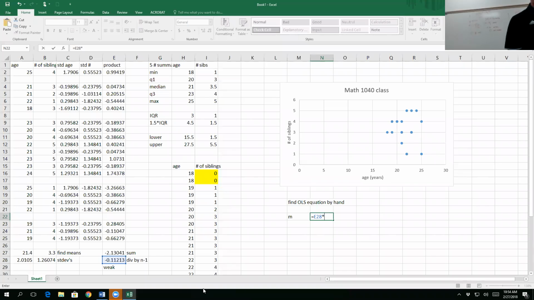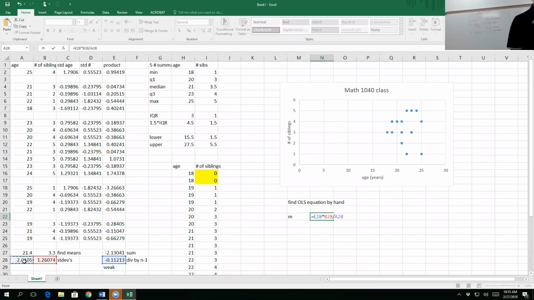What's s sub y? That's the standard deviation of y, which in this case is 1.26, divided by the standard deviation of x, which is 2.01.